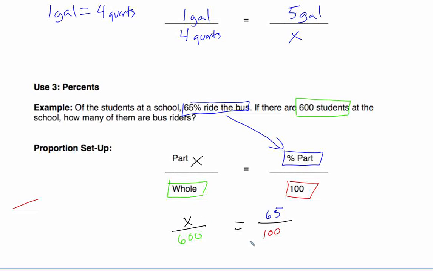Okay, now let's look at how this matches up. 100% is the whole, like 600 is the whole. 65% is the part, just like X, the bus riders, is going to be the part. So notice things match up across. All right, so that's a setup for percents. Now let's go on to how to actually solve these proportions.